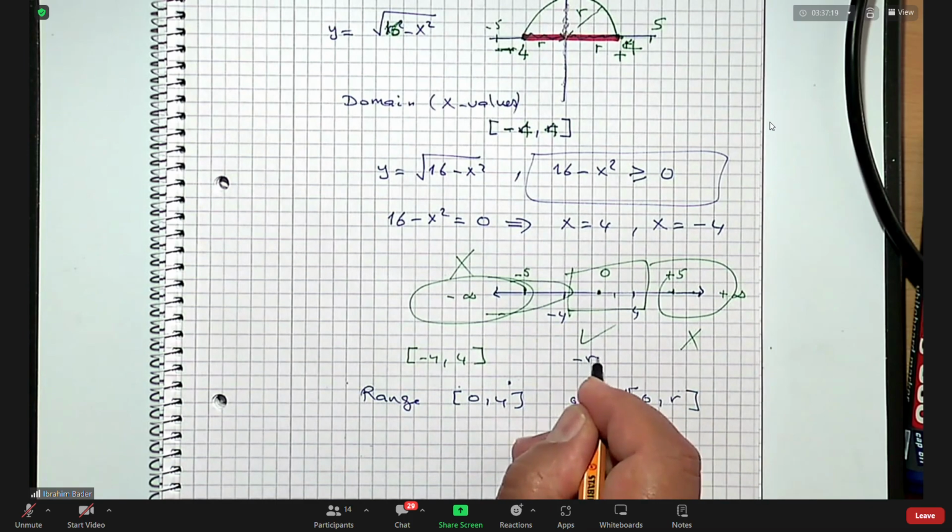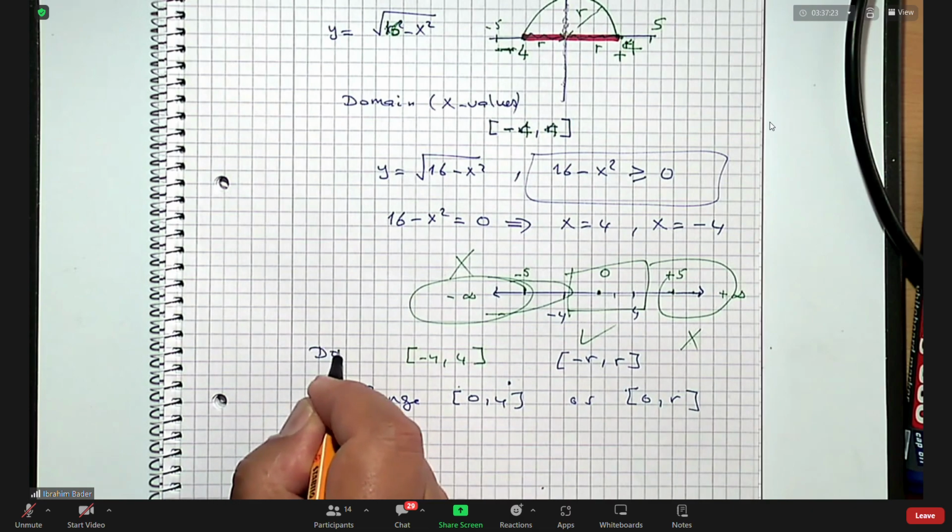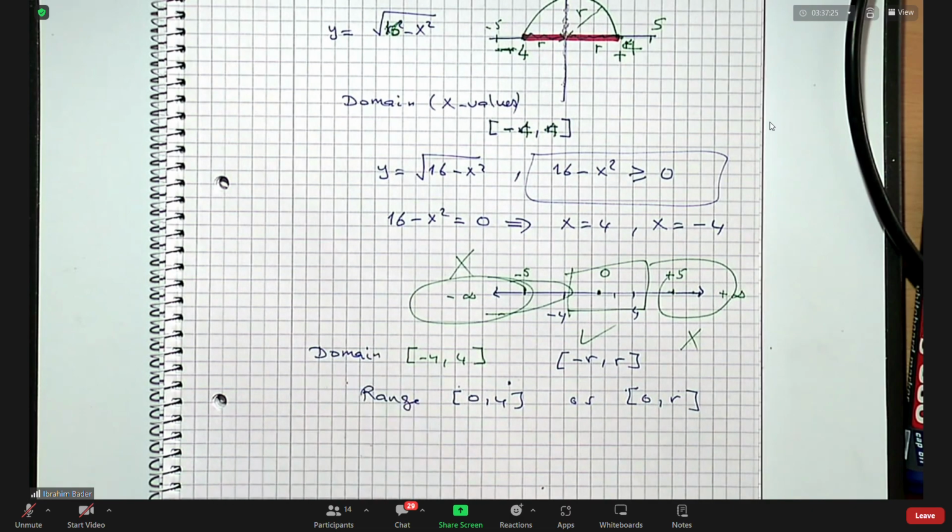Domain here is -r to r. Okay. So again, just to wrap it up and remind you, if you are trying to find the domain or range of a function, usually we have these classical cases where you have to pay extra care.